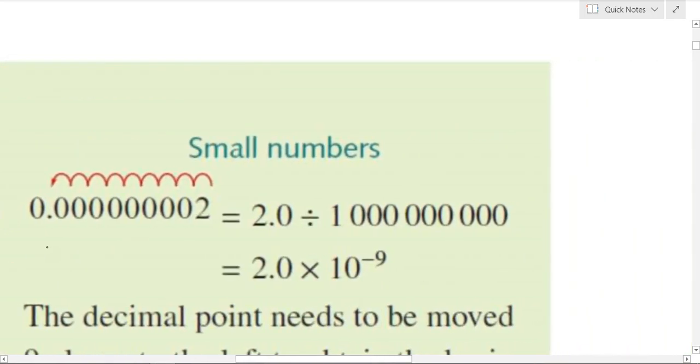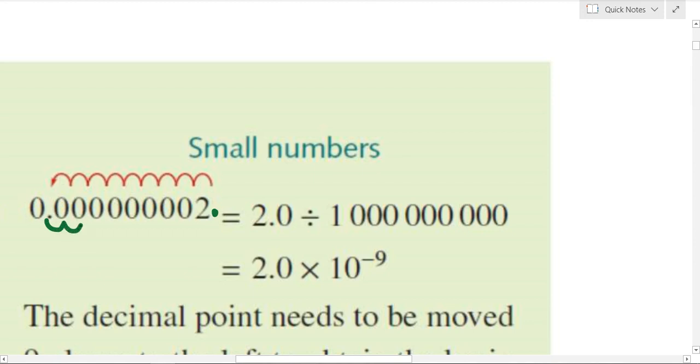With a smaller decimal number like this, the decimal point is here, and you've got 0.00000, whatever many zeros, 2. So you want to put that decimal point over here. How many times have you moved it?